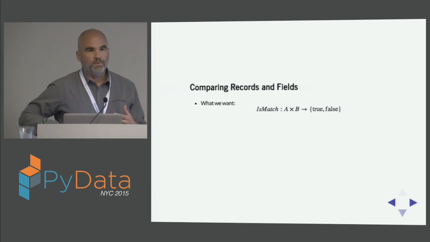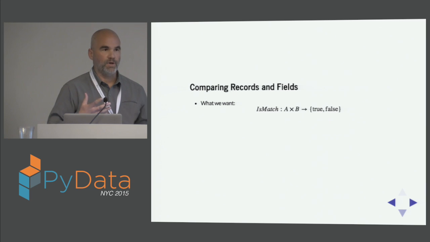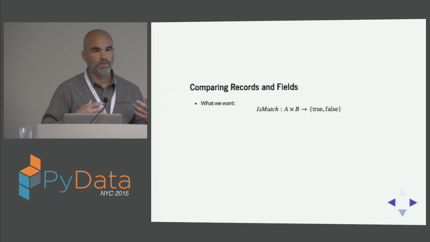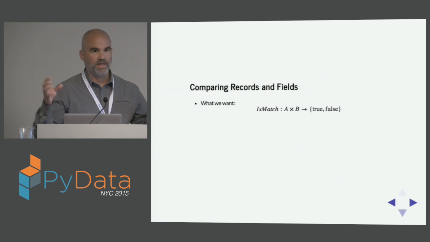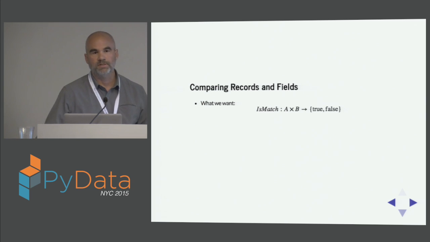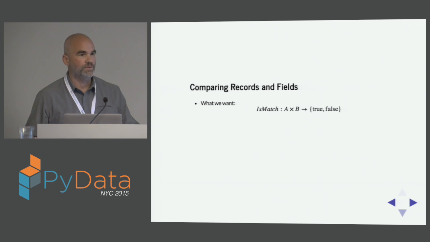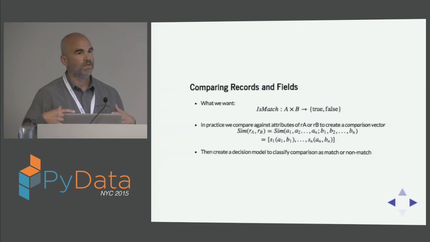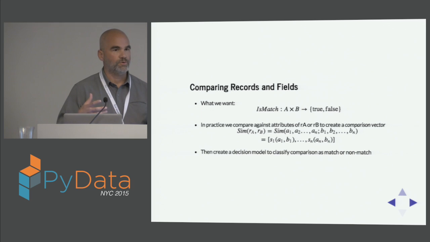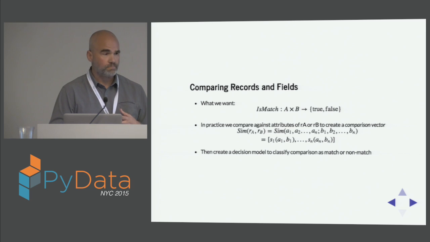So the next step, the thing we have to figure out, is how to compare these records. What we really want is a function that will take any record pair and tell us, yes, this is a match, or no, this is not a match. We could, of course, do that if we restricted ourselves to identical matches. But in practice, what happens is you compare the fields in each record, usually using some sort of similarity function.